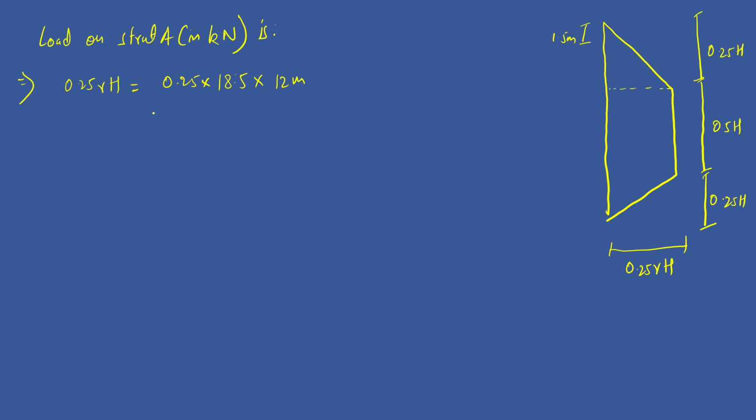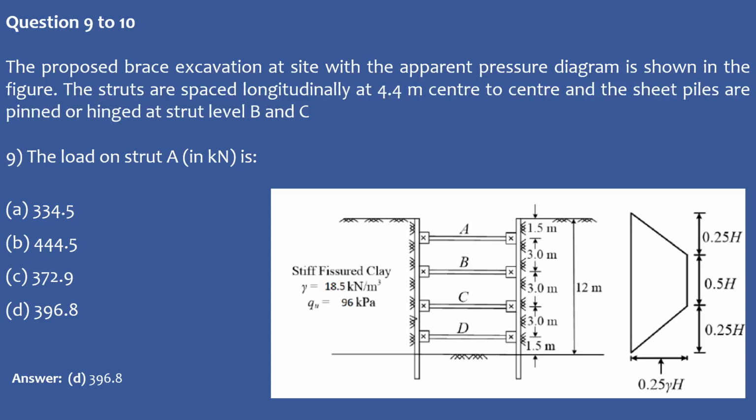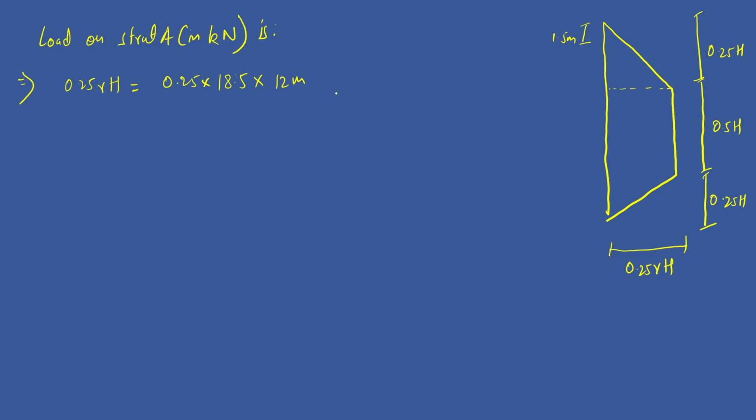So this value is given by 0.25 into 18.5 into 12, which is 55.5 kilonewton. So this is the total weight of this system. So it's kilonewton per meter square, so it's a pressure.